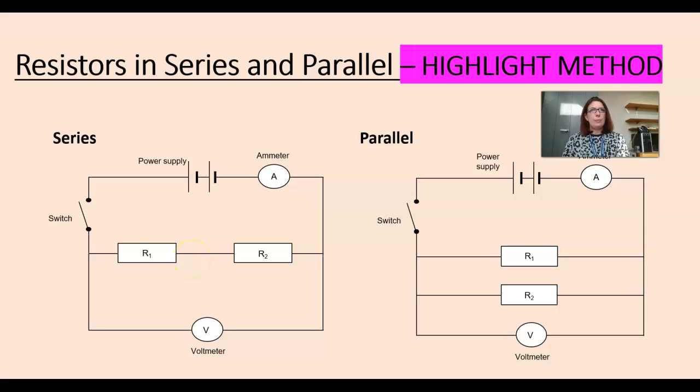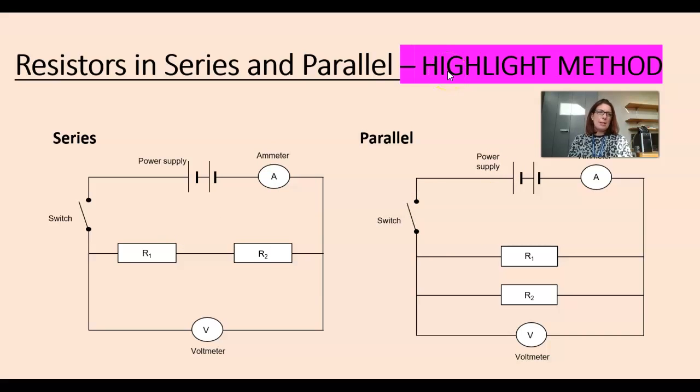When we put them in parallel and calculated it, the resistance was 5 ohms. So in parallel, the resistance is lower than in series. In the next lesson, which is on series and parallel, we talked about why that was. So for the second part of this practical, those were the results.